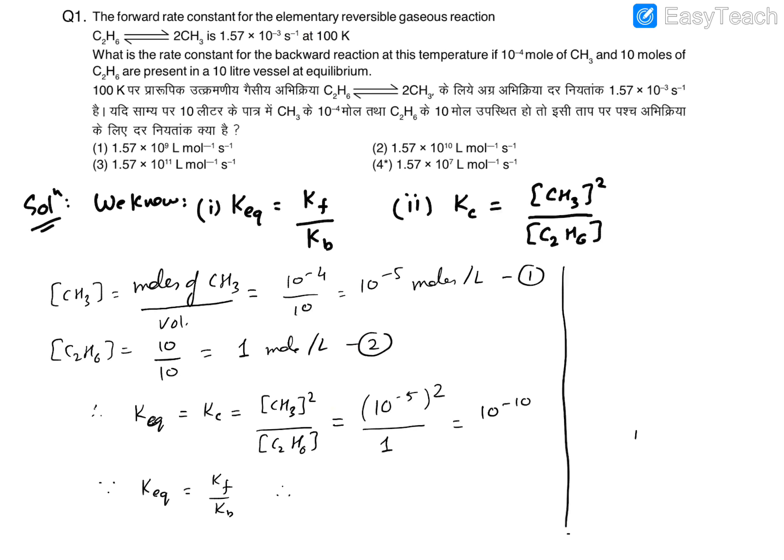So we get 10 to the power minus 10 is equal to Kf, which is 1.57 into 10 to the power minus 3, divided by Kb.